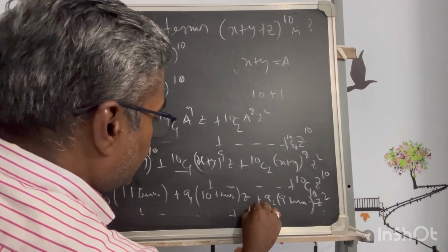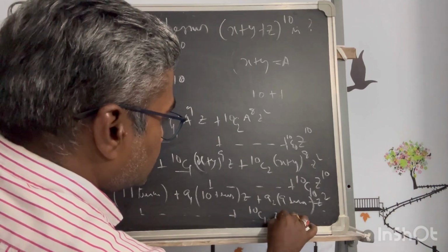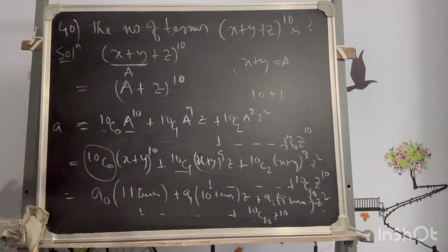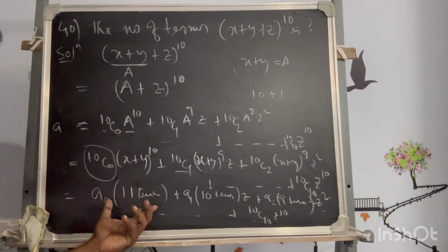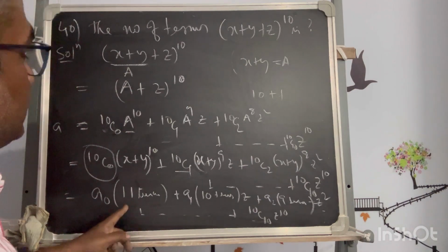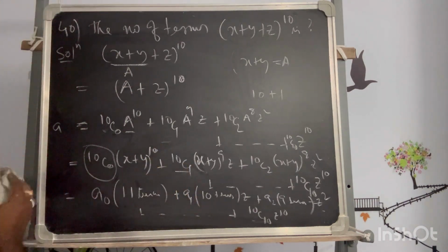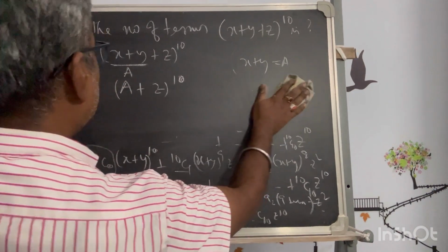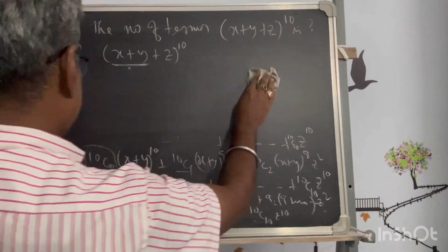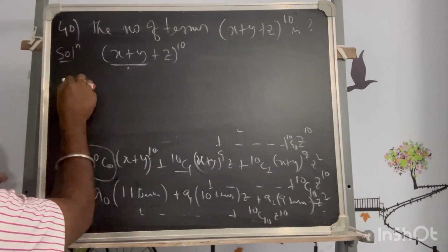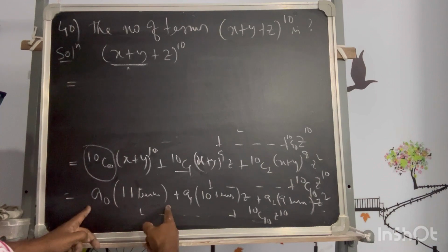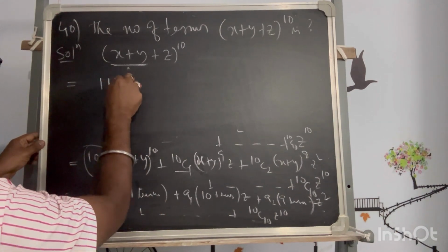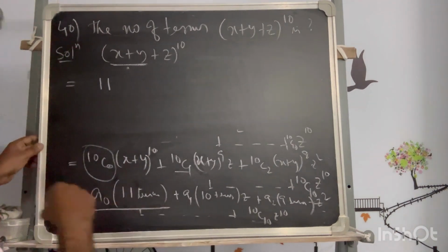At the end it will be 10C10 z to the power 10, a single term. So now you tell me, if I count the number of terms here, the first part contains 11 terms.